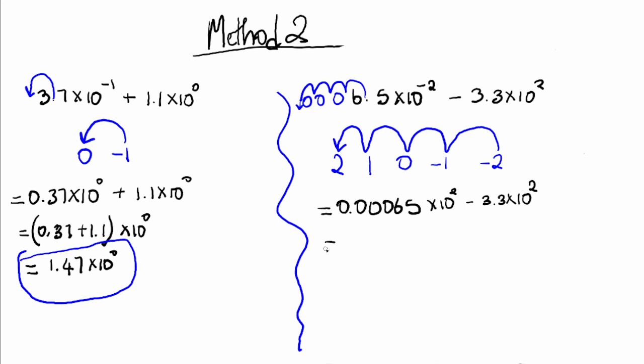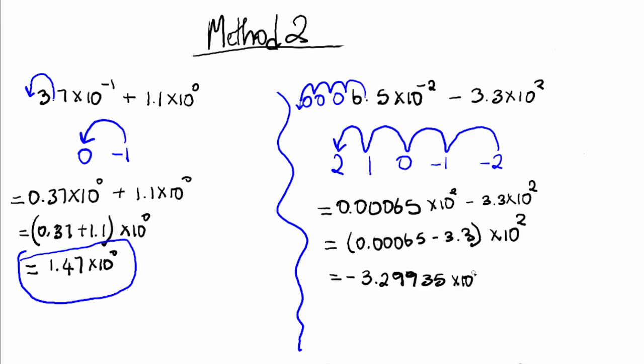Let's group and subtract. 0.00065 minus 3.3 would give us an answer of negative 3.29935 times 10 to the second power. And this would be our final answer for this problem.